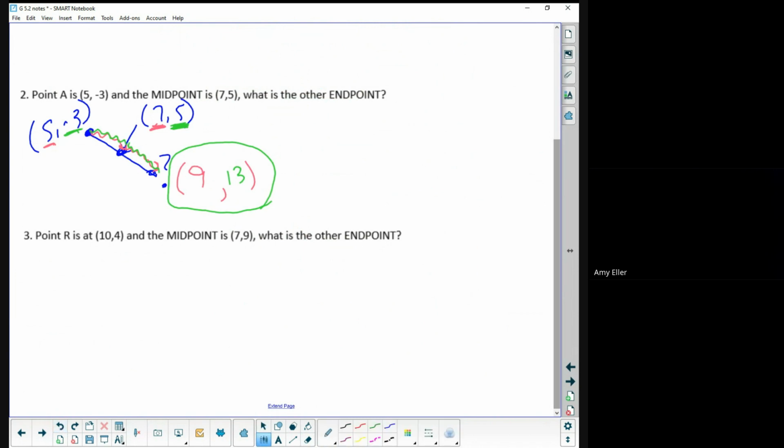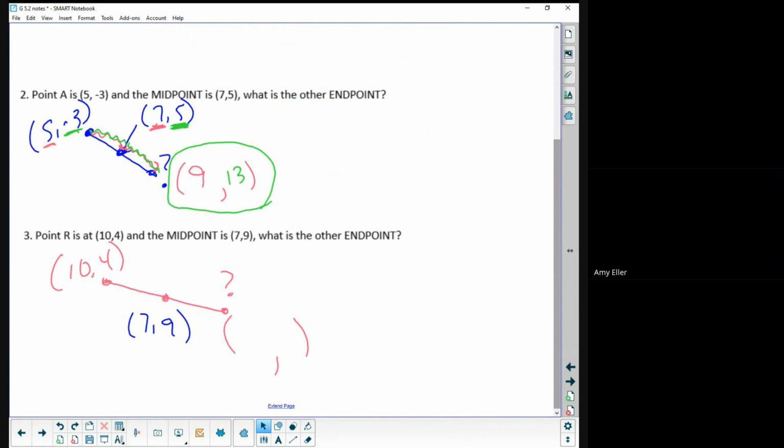Let's look at number 3. We have R at 10, 4. We have the middle point at 7, 9. And we want to know where the other ending point is. Think about going for a walk and see what you get.